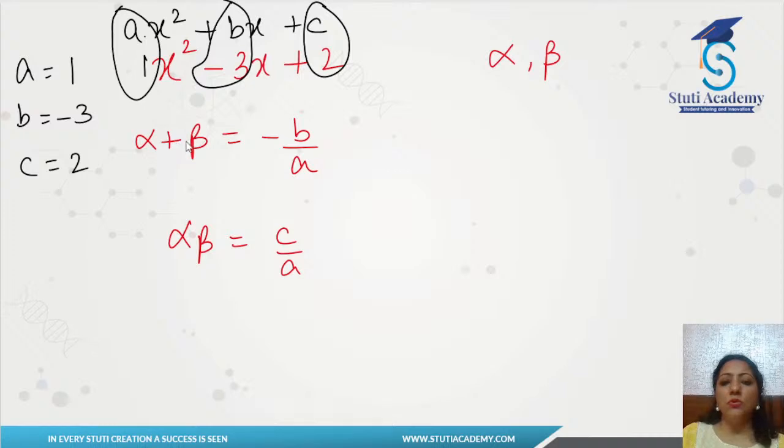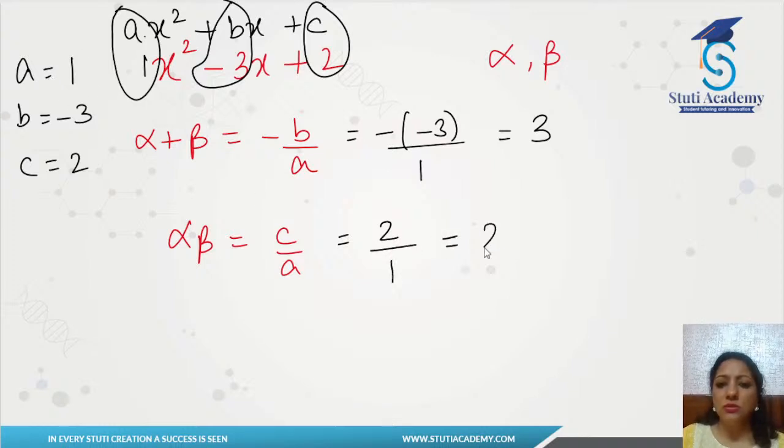So the sum of the zeros, alpha plus beta, is minus b upon a, that is minus of minus 3 upon 1, that's positive 3. The product of the zeros is c upon a, so c is 2 and a is 1, that is 2.